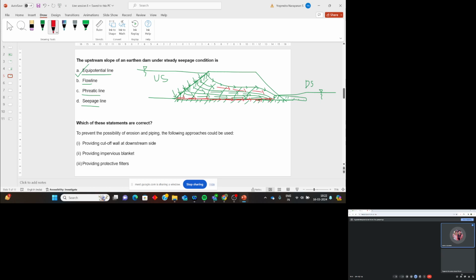Okay. This will be an equipotential line. It will be the bottommost flow line.